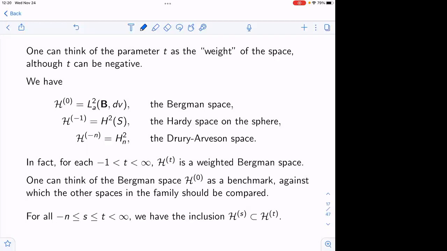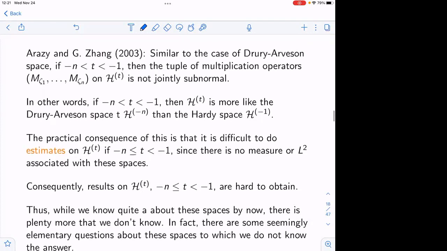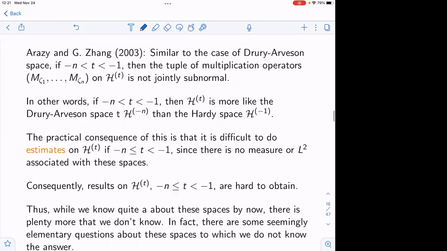Now, it's obvious that we have this kind of inclusion relation. As it turns out, once t gets below -1, you also get the phenomenon that the tuple of multiplication operators by the coordinate functions on the space H_t is not jointly subnormal.